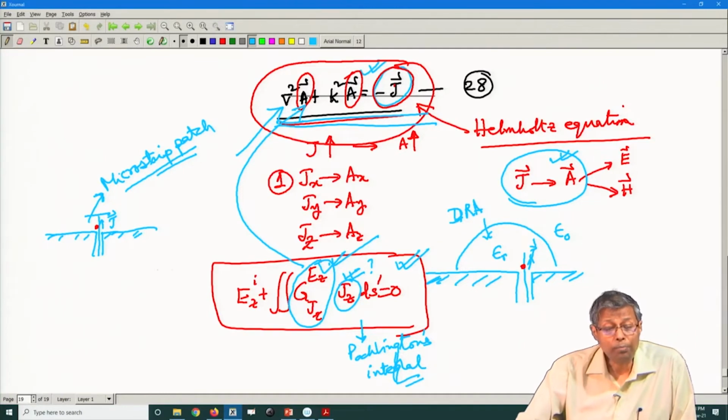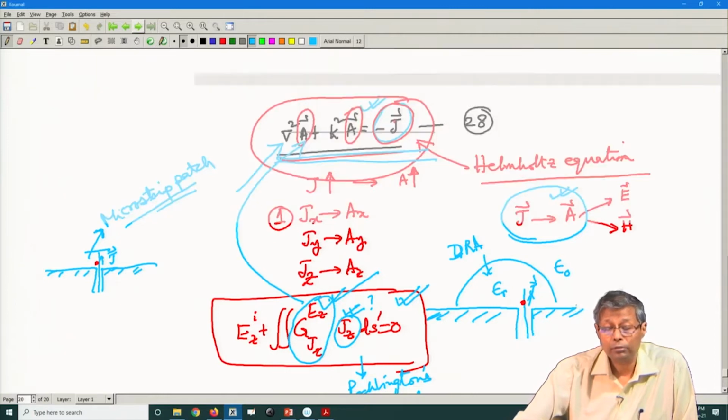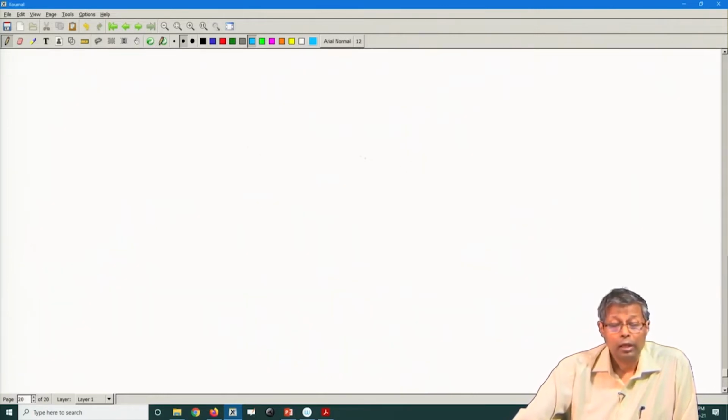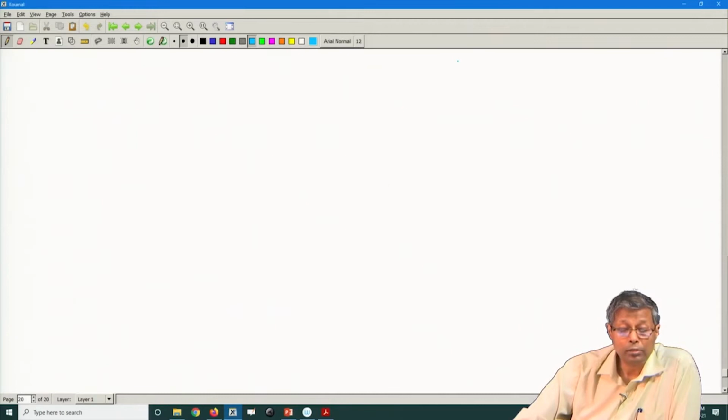The other important significance of the Helmholtz equation comes from the fact that, let me write the Helmholtz equation once again on this slide.